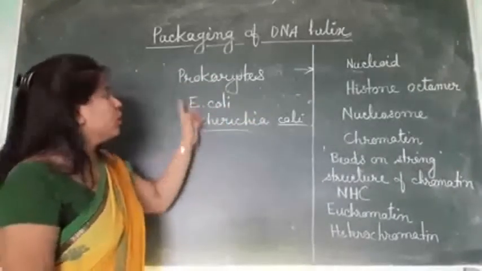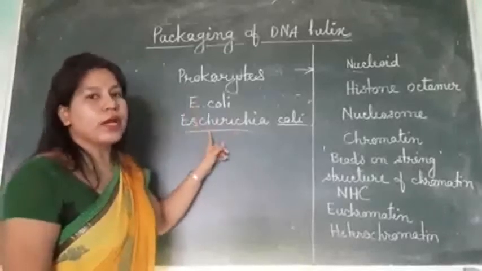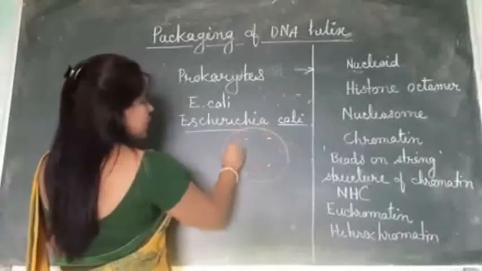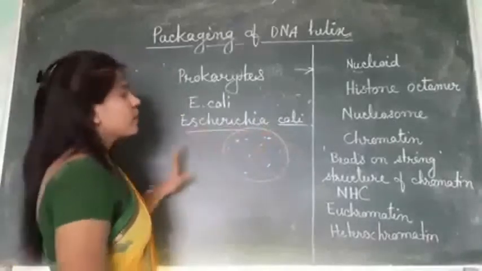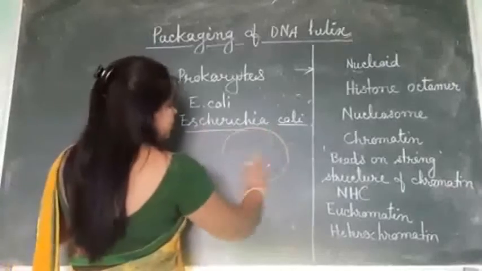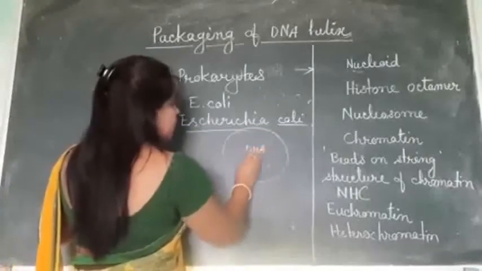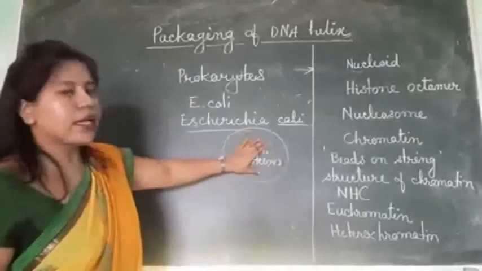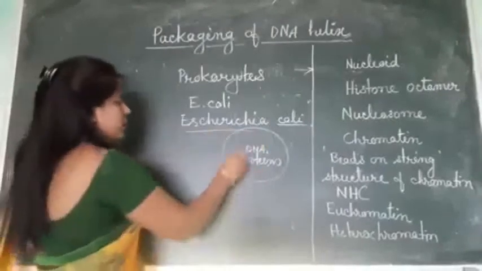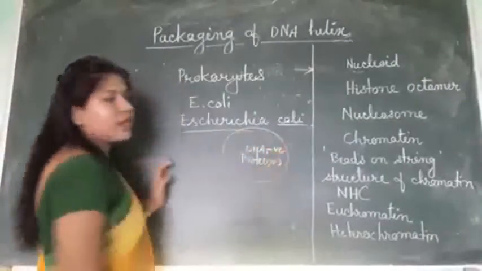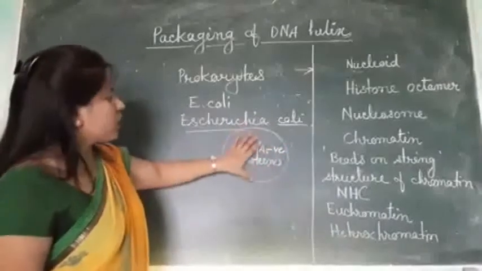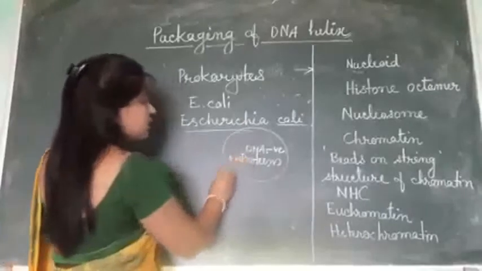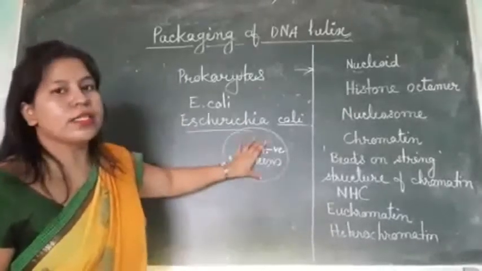Instead, their DNA is held with some proteins at the center of the cell. Remember, DNA is negatively charged. So in a prokaryotic cell, the negatively charged DNA is held with some positively charged proteins at the center of the cell.